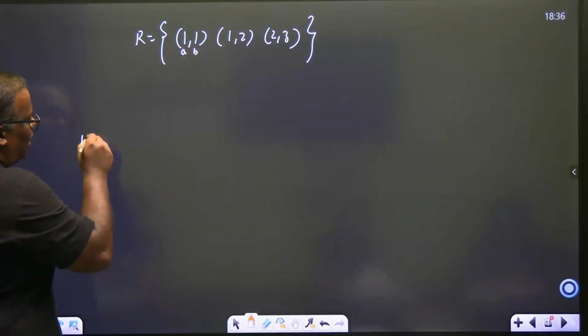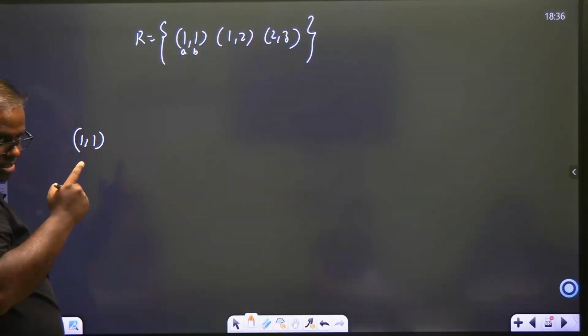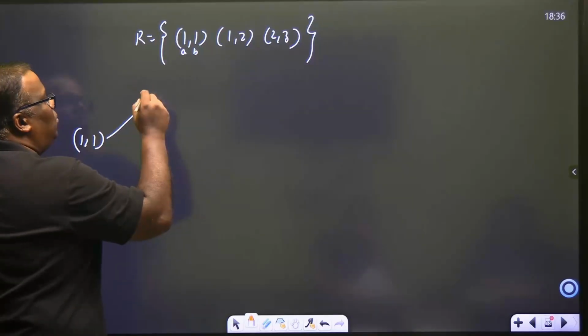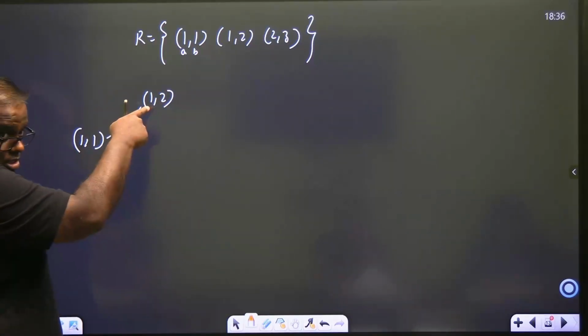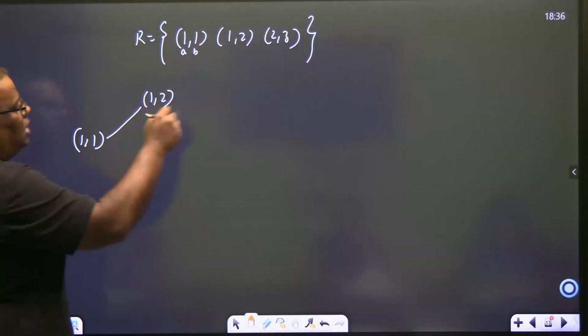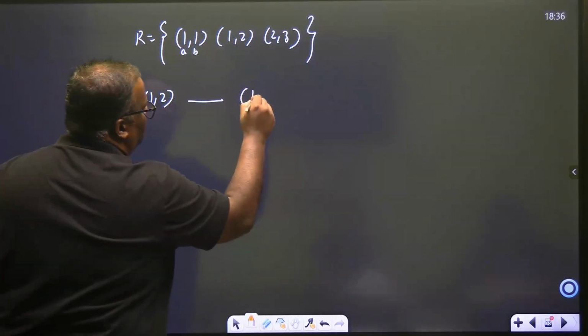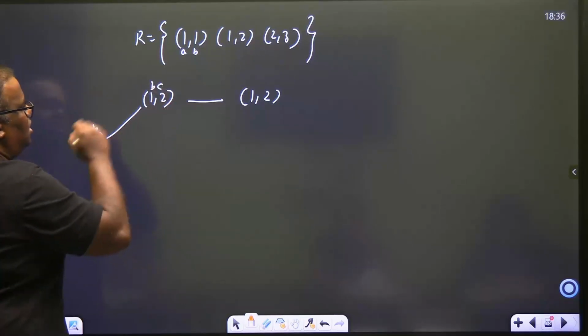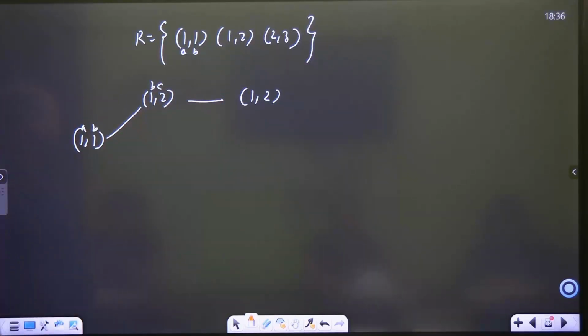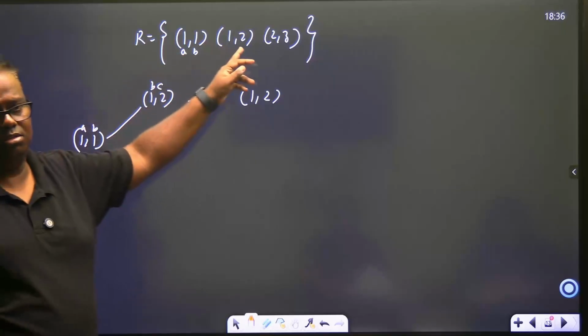If I take 1 1 as my AB, then my next thing should be what? 1 2. And if this is appearing, then I should have another AB, BC, AC. I should have another 1 2, which I am having.